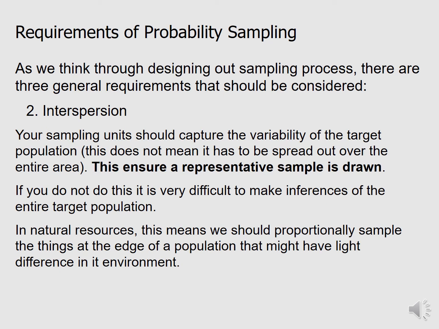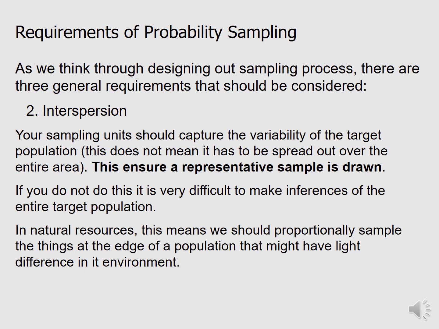The second thing we must consider when setting up a sampling design is the idea of interspersion. This means your sampling units should capture the variability of the target population. Sometimes this is interpreted as meaning that the sample should be spatially spread across the area of the population, but in reality, it means the sample units should capture the possible values that the population variable can have.